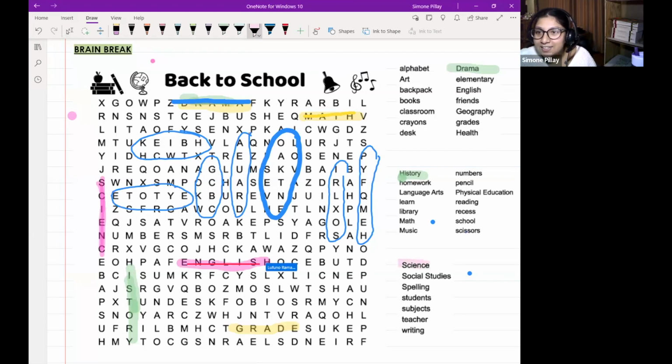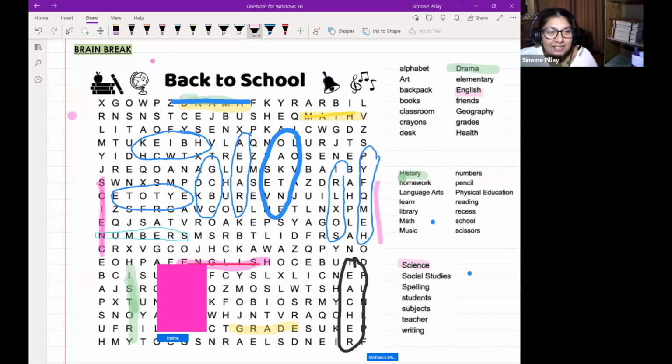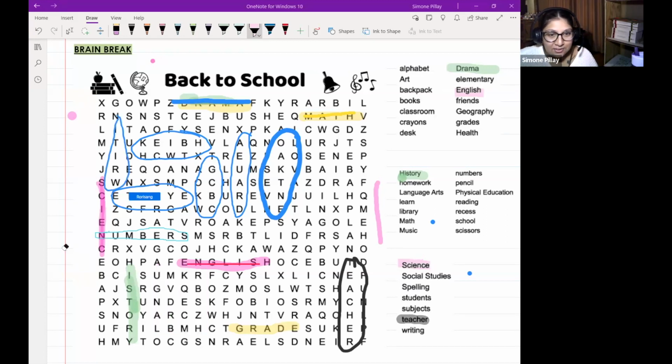We have English. Okay, I'm gonna erase the circlings of not valid words. We have teacher. Where's teacher? We have teacher over there. This big block, I'm also erasing the block. Okay, here we go. We have writing. Someone circled writing.